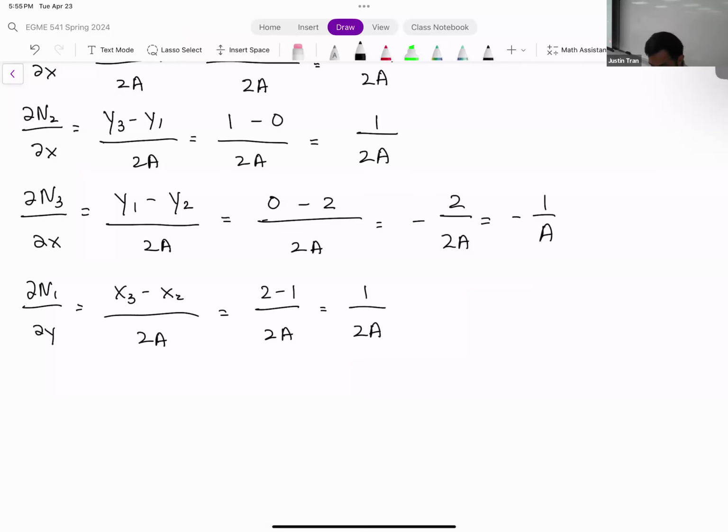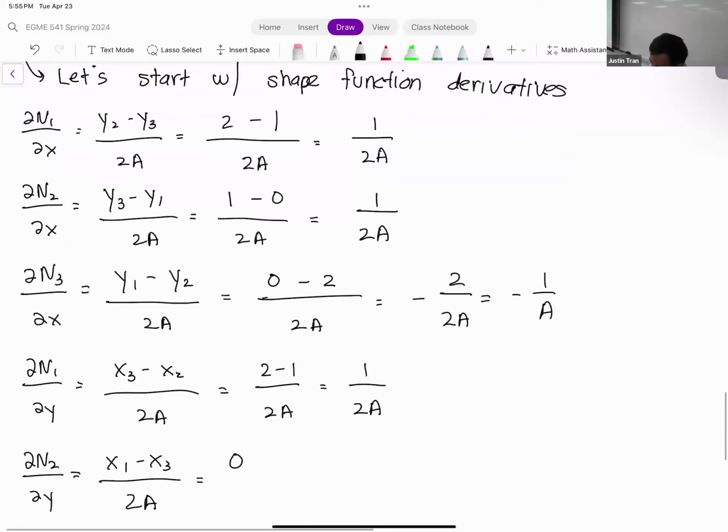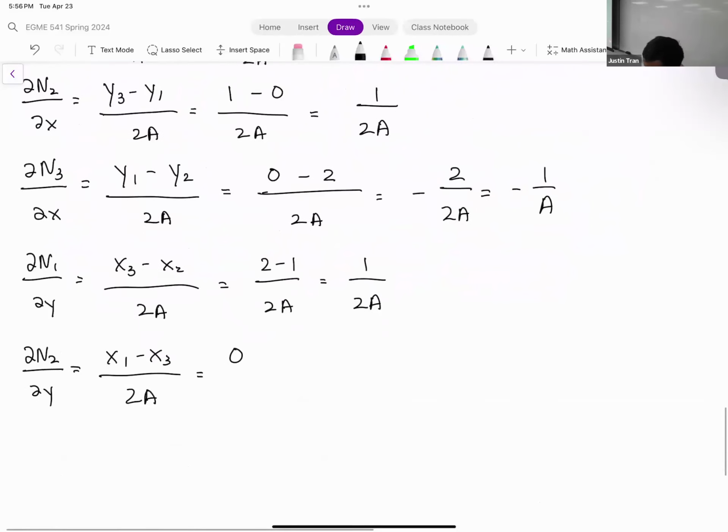Then we have partial n2 partial y, which is equal to x1 minus x3, all divided by 2a. The x coordinate for node 1 is 0. The x coordinate for node 3 is 2. So we have 0 minus 2 divided by 2a. So this is equal to minus 1 over a.